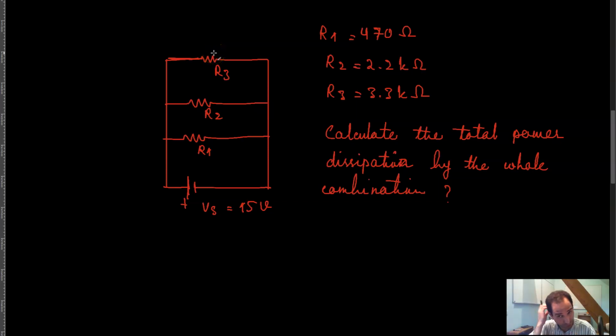That you can do because, as we discussed before, when you have resistors in parallel, the total power dissipation in the circuit is equal to the sum of the individual power dissipations in each of the resistors, right?